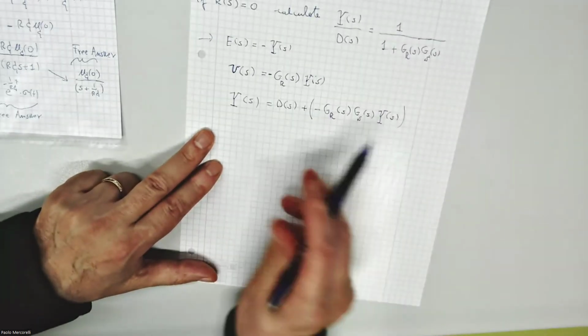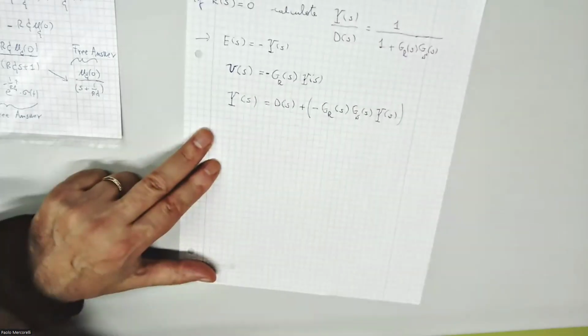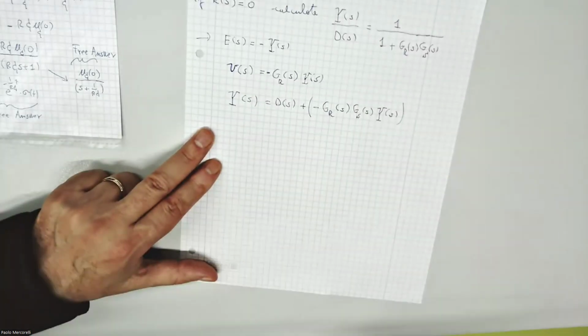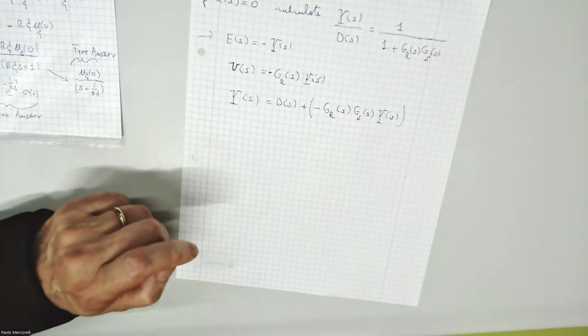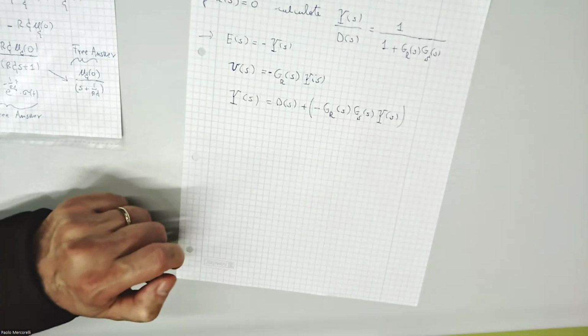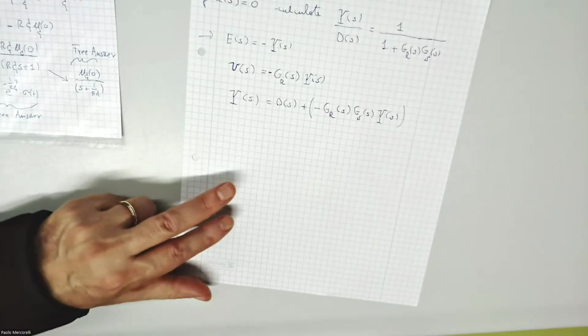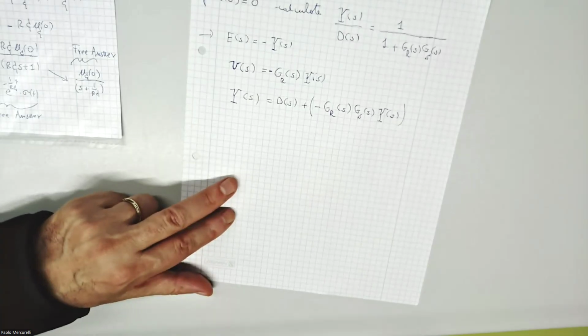Ready? Basically, do you remember? We have to separate or split the equation, with Y on the left part and D on the right part, and then calculate the ratio.